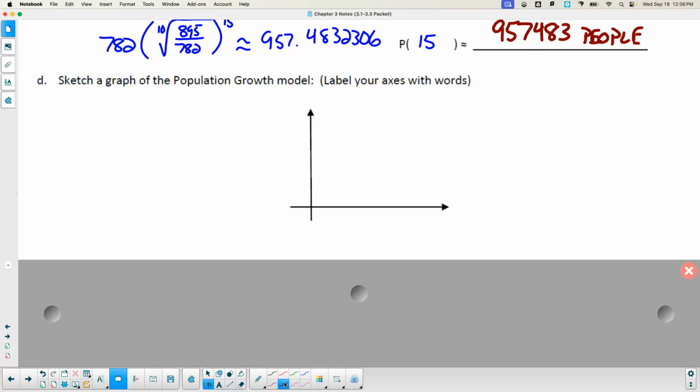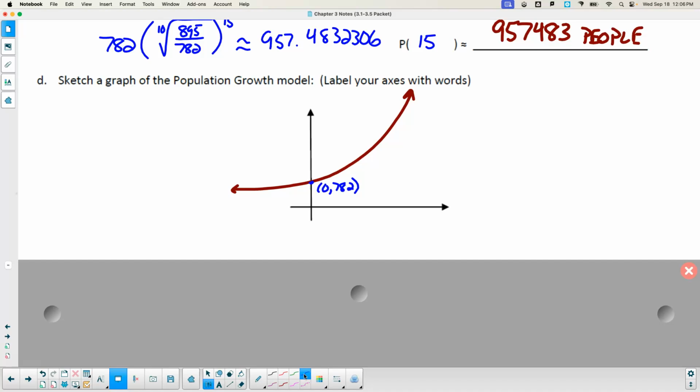So it's going to look like this, correct? Give me one point that it goes through. 0, 782. Another point that it would go through would be 10, 895, right?